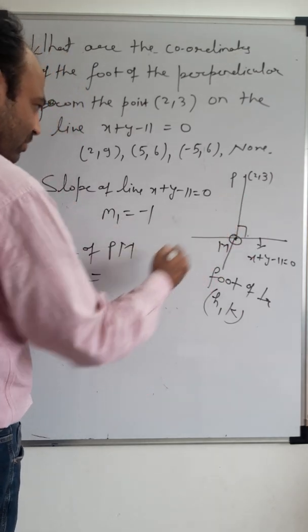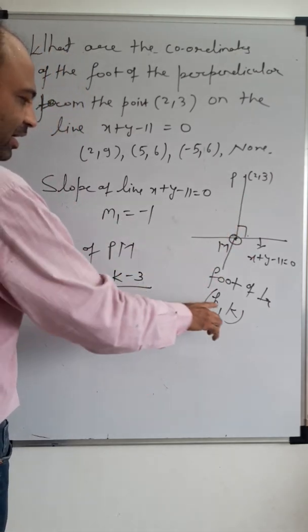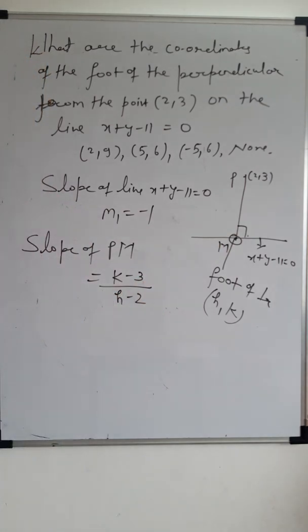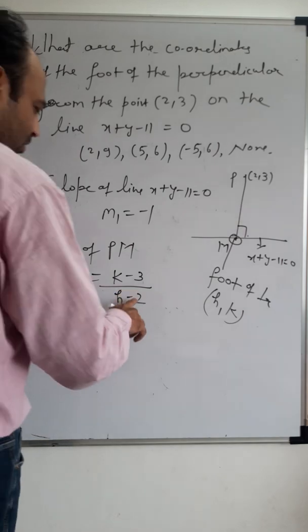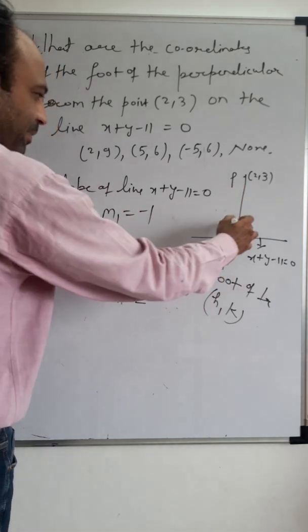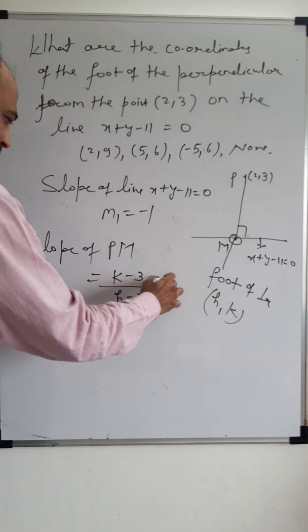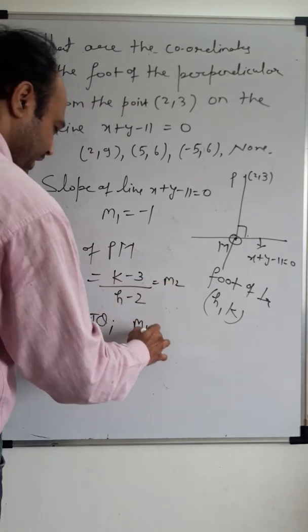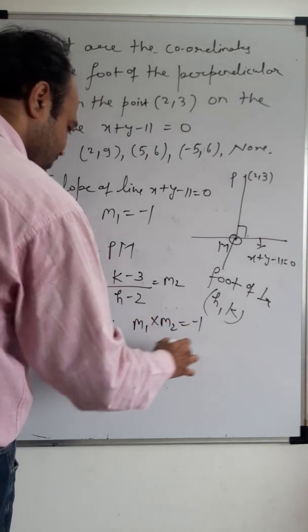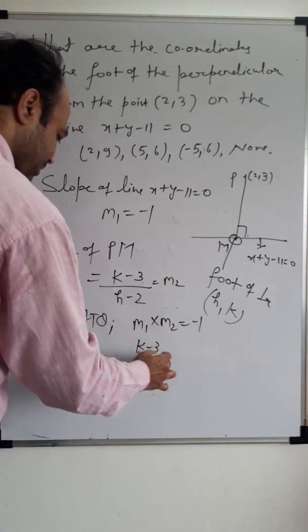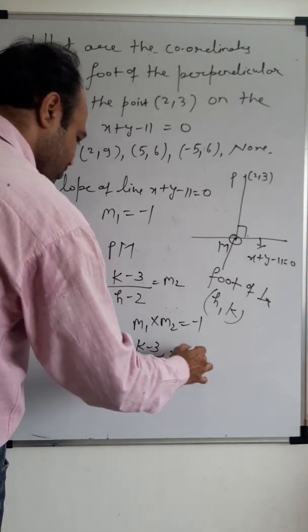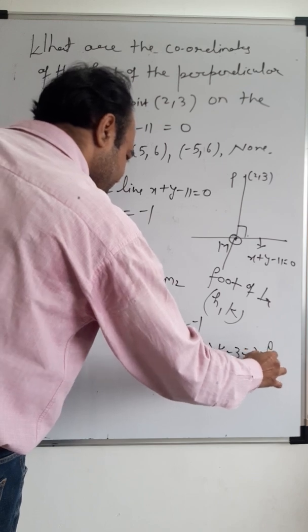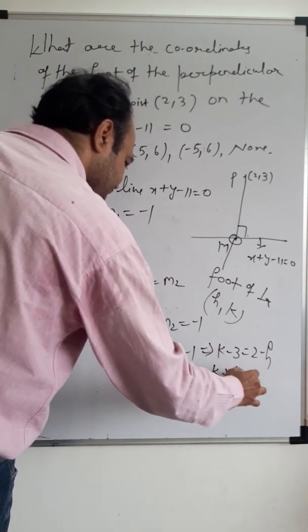So y2 - y1 over x2 - x1 is (k - 3) upon (h - 2). These two lines are perpendicular, so M1 times M2 is -1. So (k - 3) upon (h - 2) equals -1, so k - 3 equals 2 - h.